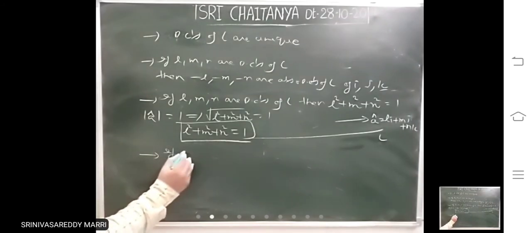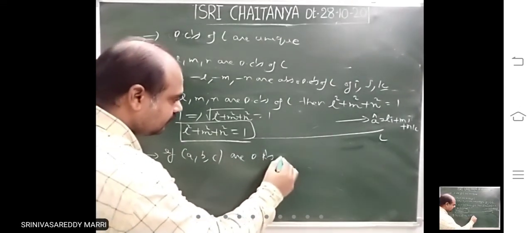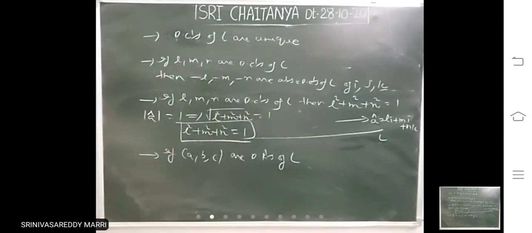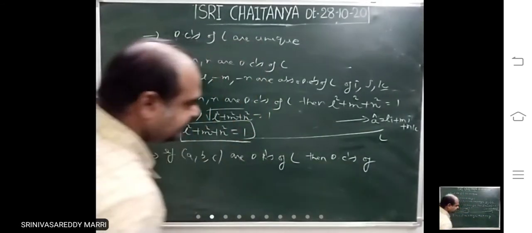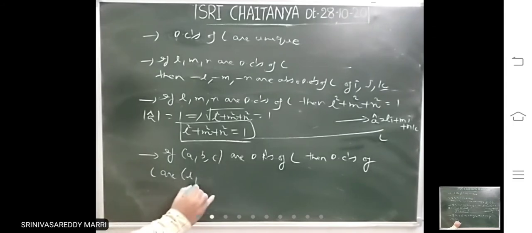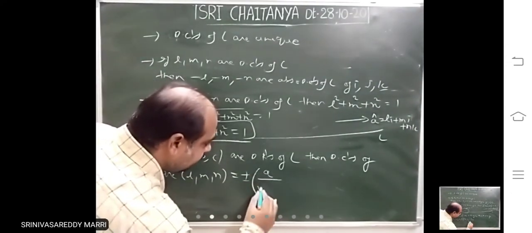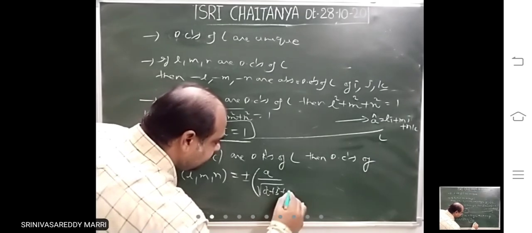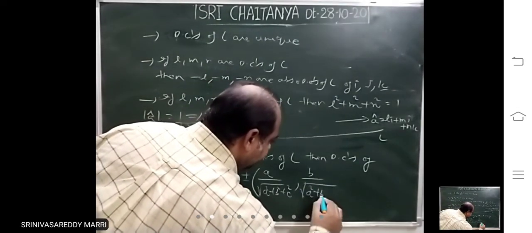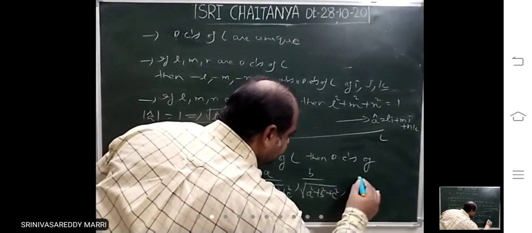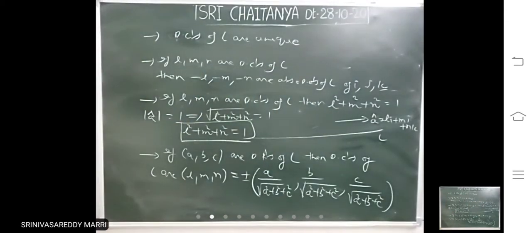If A comma B comma C are DRs of L, that is, a line whose DRs are known, then DCs of L are calculated by using this formula: plus or minus A divided by root of A square plus B square plus C square comma B divided by root of A square plus B square plus C square, C divided by root of A square plus B square plus C square.